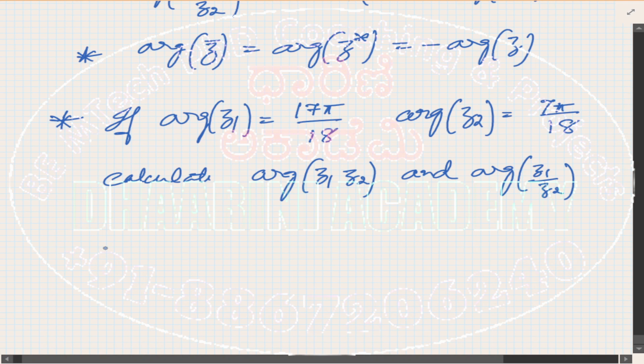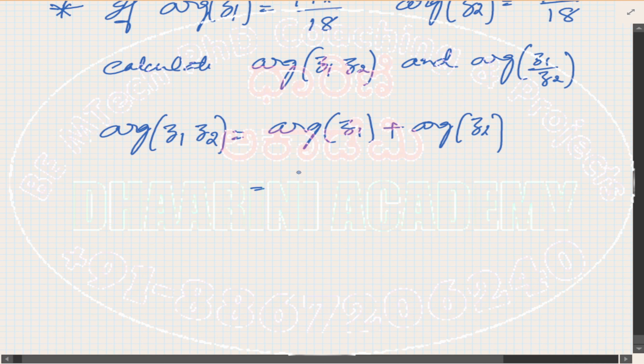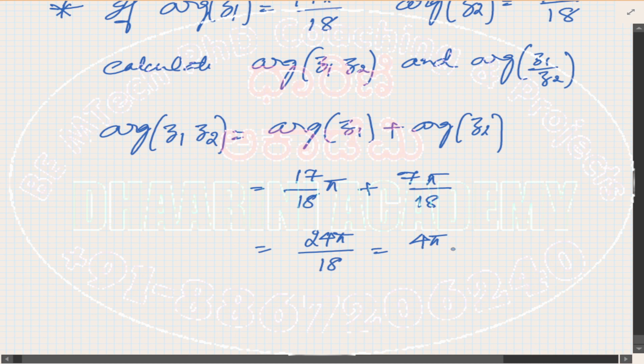Okay, so how do you calculate this? Arg Z1 Z2 is, as per the previous property, argument of Z1 plus argument of Z2. So Z1 is 17 pi by 18 and the second one is 7 pi by 18. 24 pi by 18 can be simplified to 4 pi by 3.